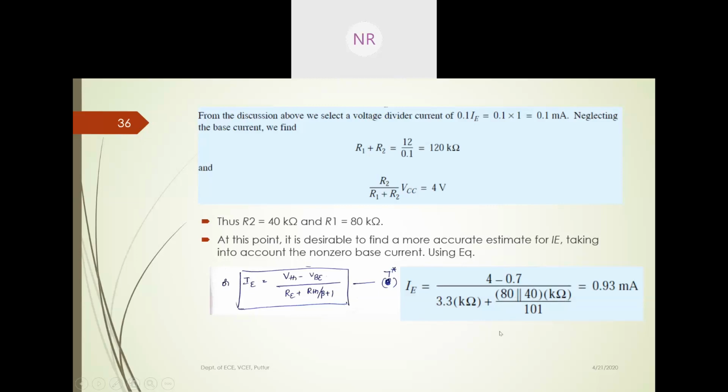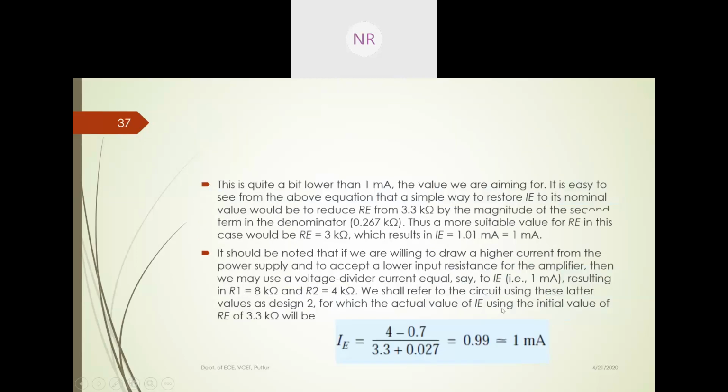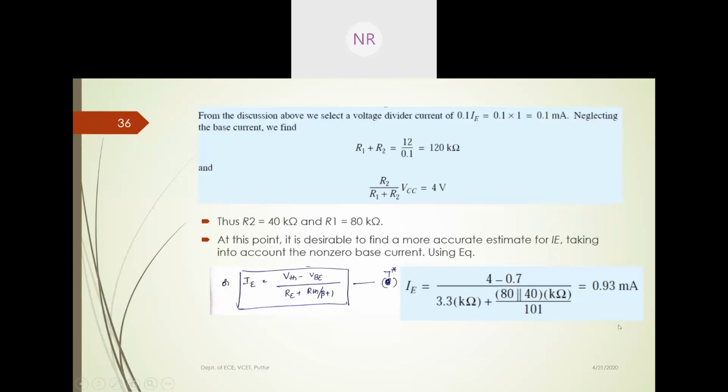Substitute all the values and you get the emitter current as 0.93 milliamperes, which is almost equal to 1 milliampere, as given in the problem.